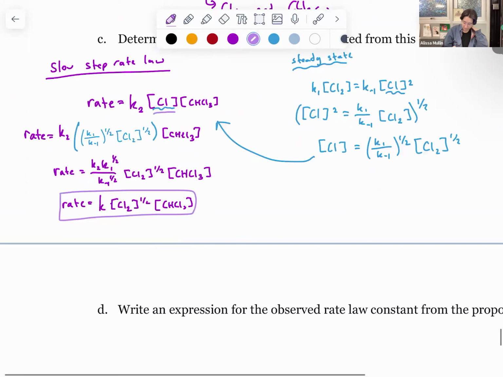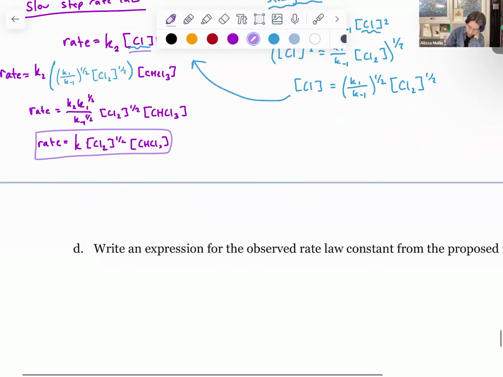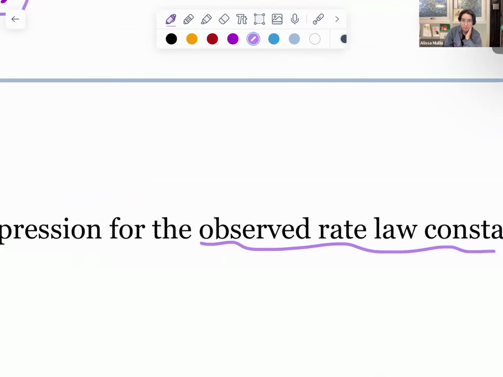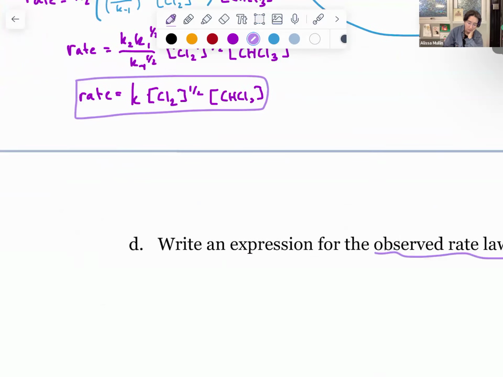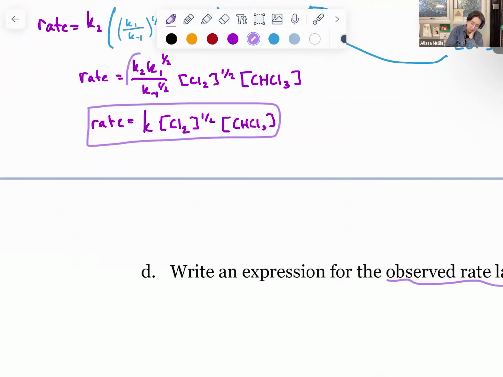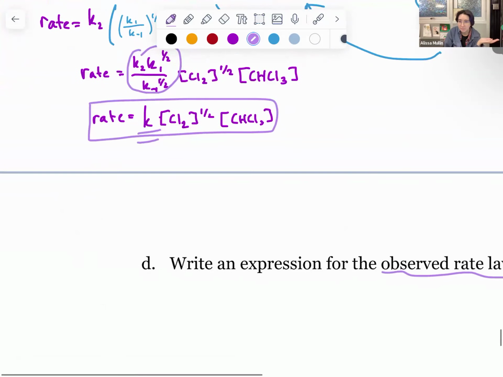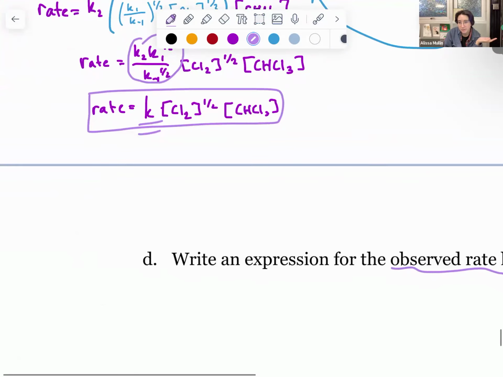The next question is asking about the observed rate law constant. So that's our K we're talking about right there. Like I tried to mention, the K that we have here, our K observed, is composed of the Ks from all those different steps in the mechanism. If you were ever asked to write an expression, this is when keeping track of those would be valuable.